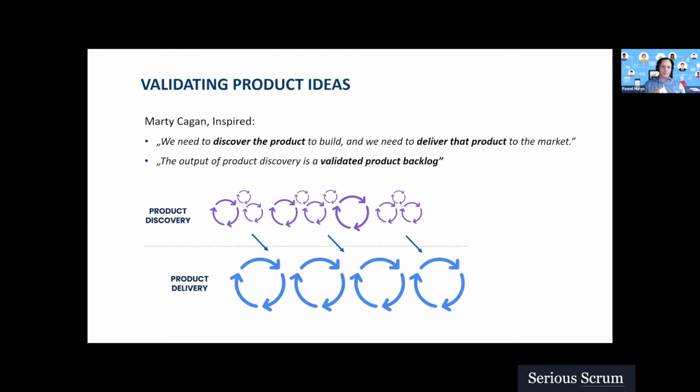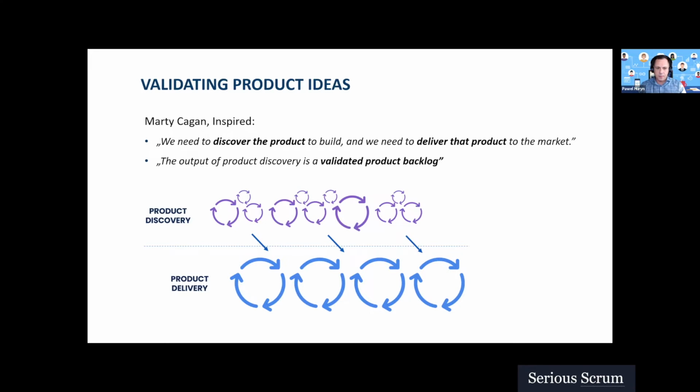If we look at the second quote, that the output of the product discovery is a validated product backlog, we can come to the conclusion that product discovery is a stream that generates ideas, validates some of them, and those are the ideas that we can work on in the next phase, that we can place in the product backlog.